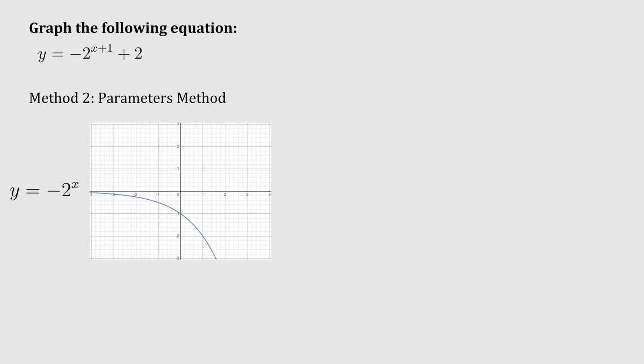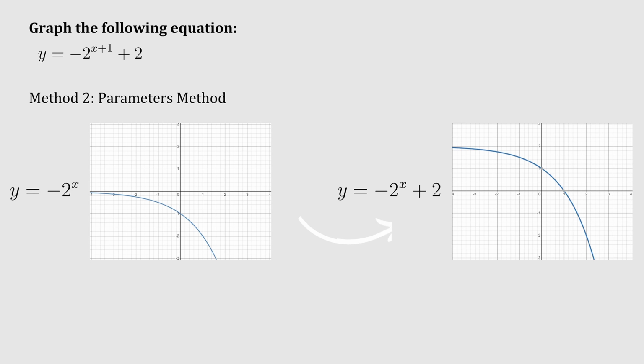Building onto our equation, we now add the constant plus 2, which gives us y equals negative 2 to the power of x plus 2. The plus 2 just shifts the graph 2 units up. With y equals negative 2 to the power of x, it cuts the y-axis at negative 1.